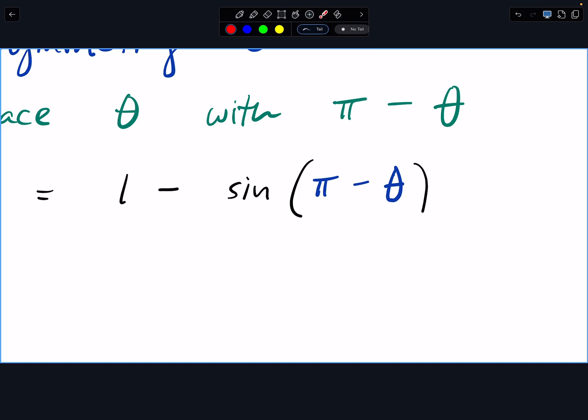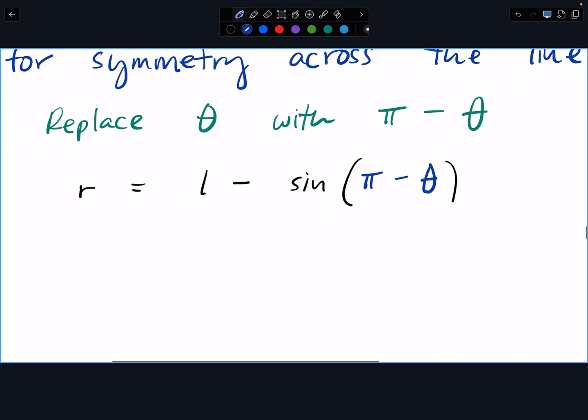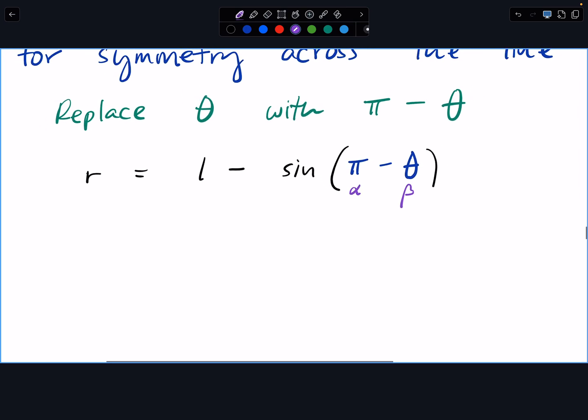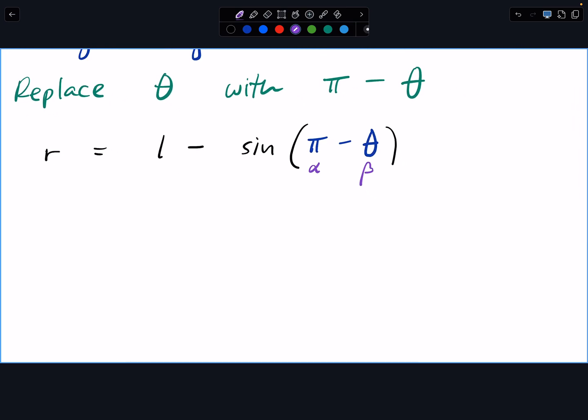You have to know that formula for this section, okay? So this becomes my alpha, this becomes my beta. So this becomes 1 minus, I'm going to put all of this in parentheses, sine of pi cosine theta minus cosine pi sine theta.